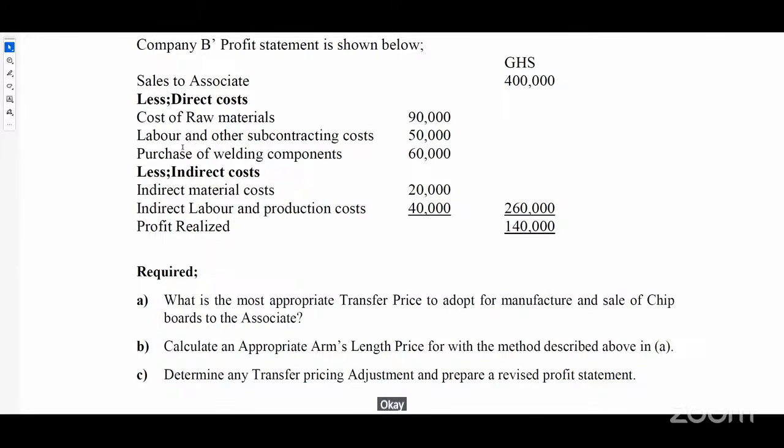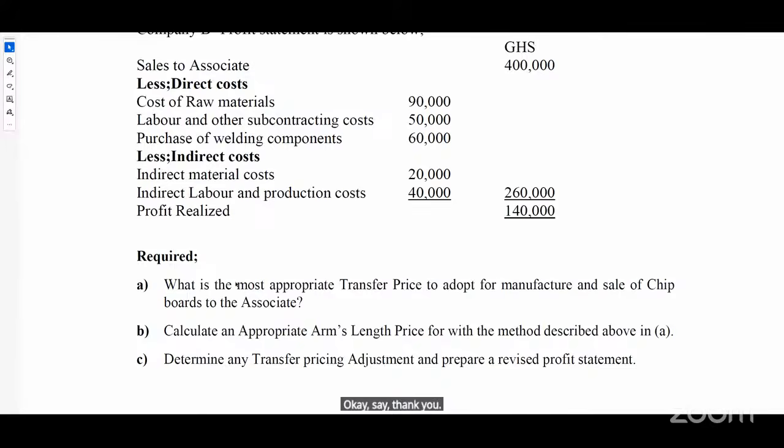But if you are adding it to the cost, what description will you give it? I said it's called TP adjustment. So you just say TP adjustment. I even indicated it there: plus TP adjustment or minus TP adjustment. Okay, sir. Thank you.